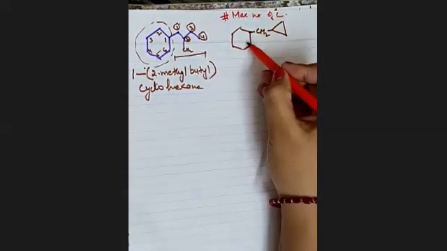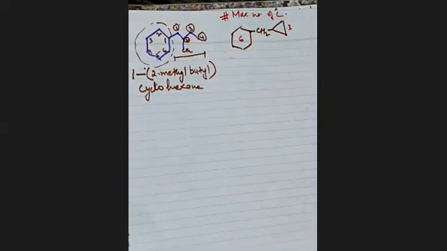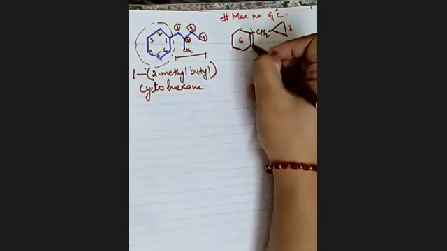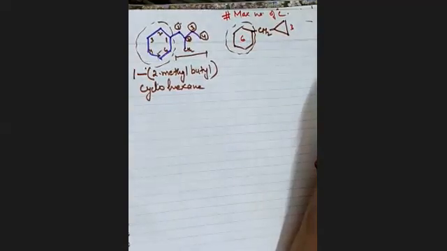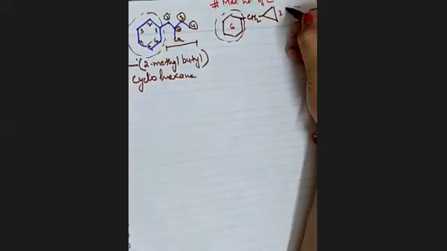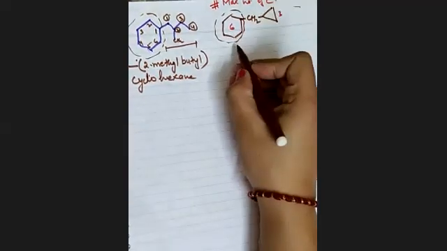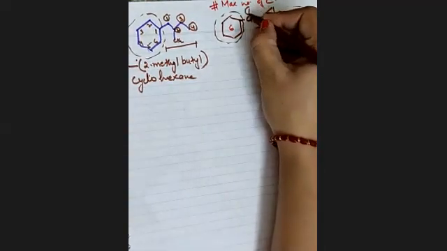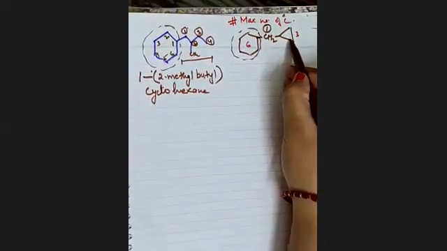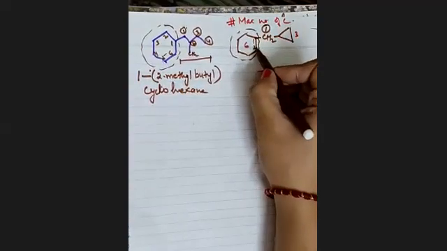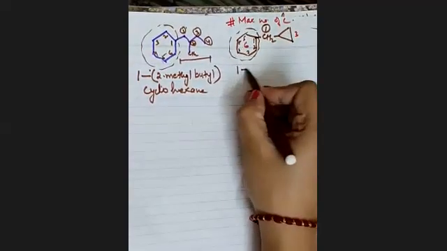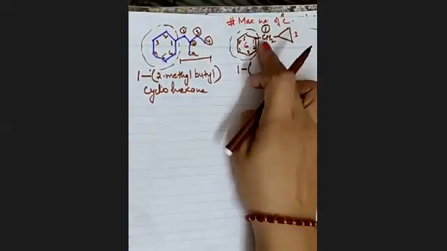Every time we have to focus on the maximum number of carbons. See, this has 6 carbons and this has 3 carbons. So which will be our main chain? This will be our main chain, and this entirely will become the substituent. Clear? Okay. So this is cyclopropyl. This is cyclohexane. Let's do nomenclature. If we consider this as 1, this will be the first carbon. So with the first carbon, this is attached. So 1, 2, 3, 4, 5, and 6. So first 1 dash, with the first carbon your cyclopropyl is attached. So what will you write?